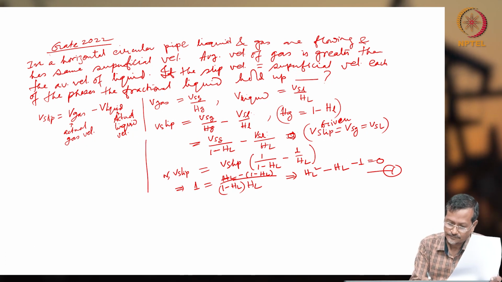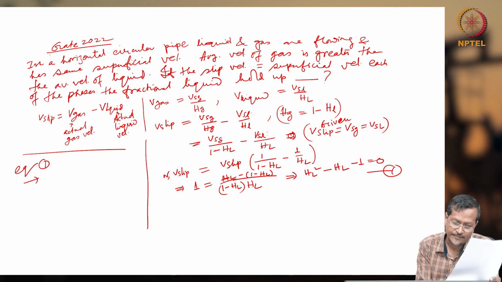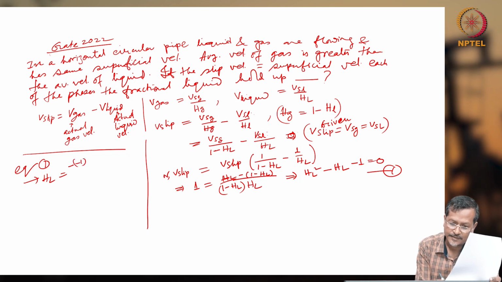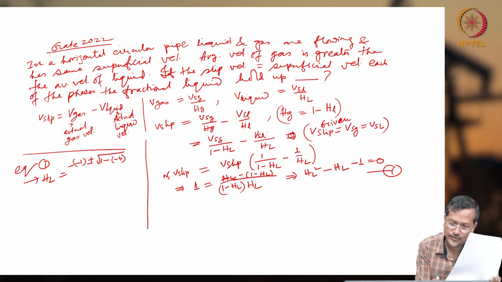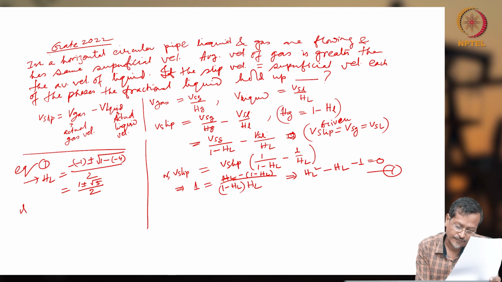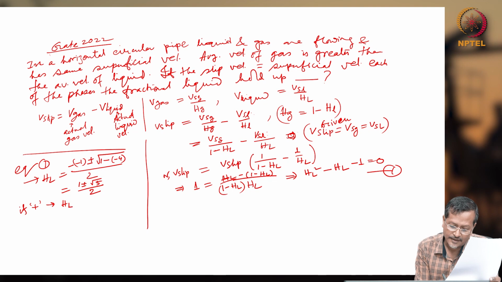Now equation 1 gives HL equals minus b plus or minus root over b squared minus 4ac divided by 2. So it will give 1 plus or minus root over 5 divided by 2. If the plus sign is taken, then HL is 1.615.